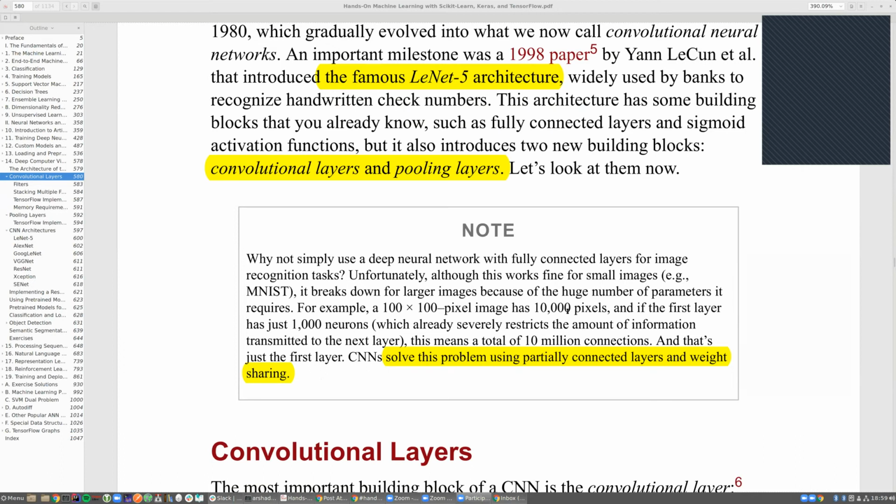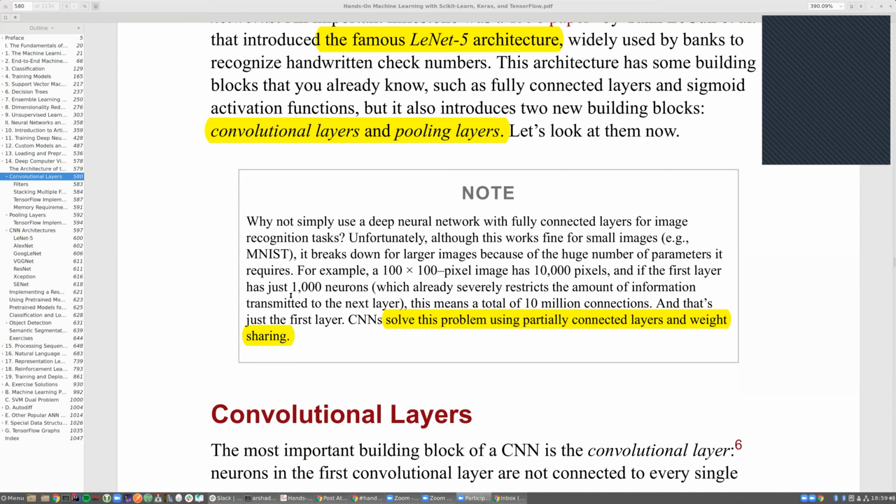And if in the first layer of your neural network you've got 1,000 neurons, connecting this input to those 1,000 neurons gives 10 million connections already. And we're not even going any further down into the deeper layers that we would need. You've also lost quite a lot of information by compressing those 10,000 pixels into 1,000 neurons, because they'll each output one value.